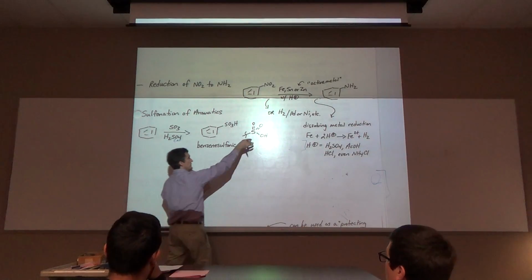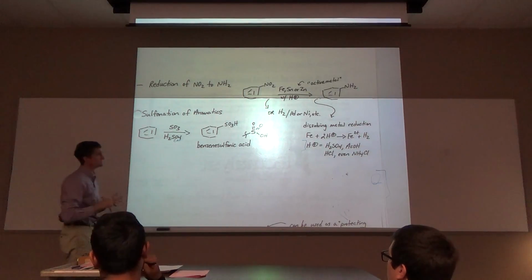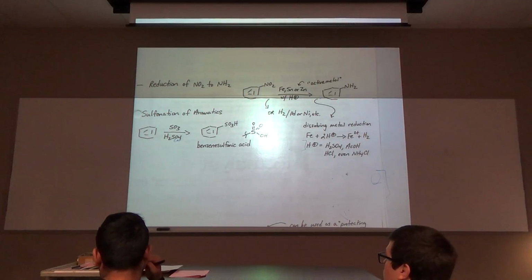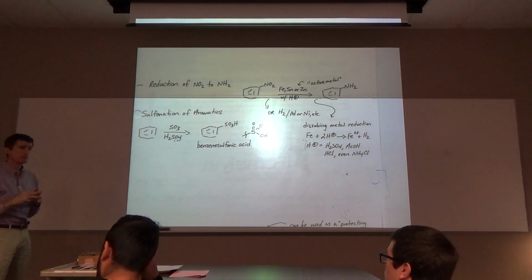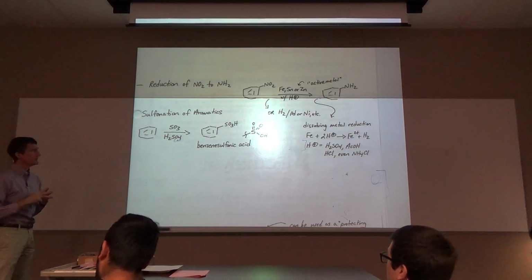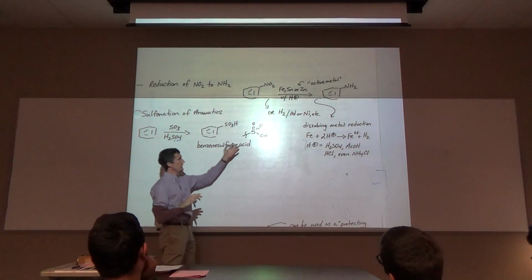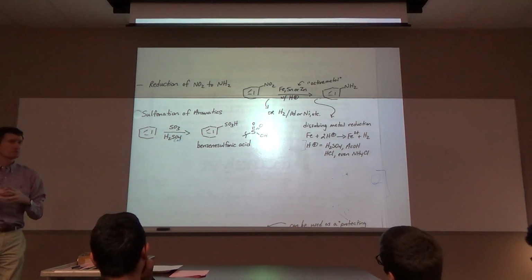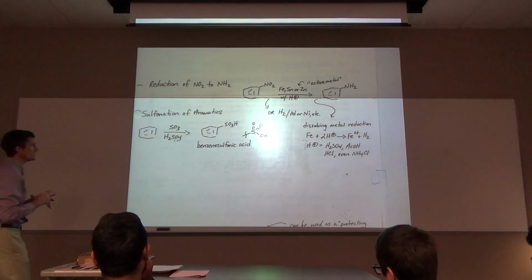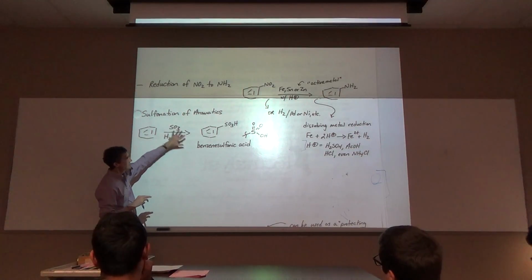There's your Lewis structure. It's a sulfonic acid. We may have seen tosyl acid. We've seen tosyl chloride. If you replace the Cl with an OH, you'll have tosyl acid. We'll maybe use tosyl acid later in the semester. It's a benzene sulfonic acid. They're made by this reaction here.